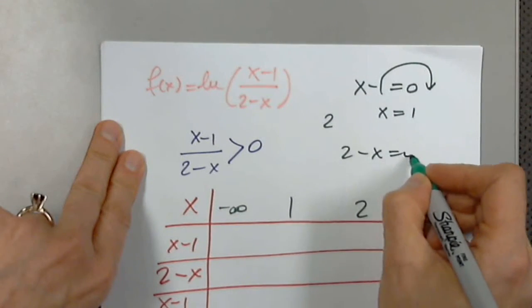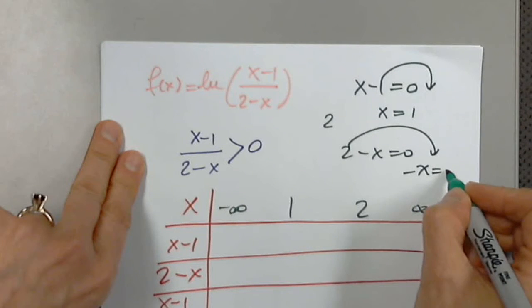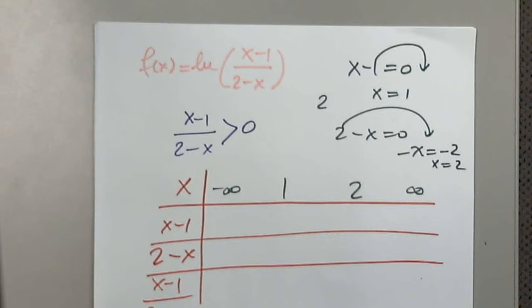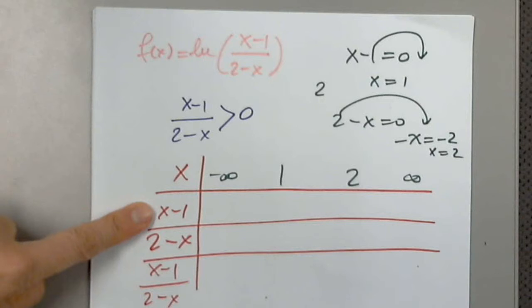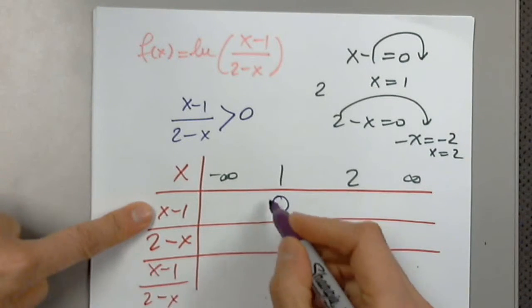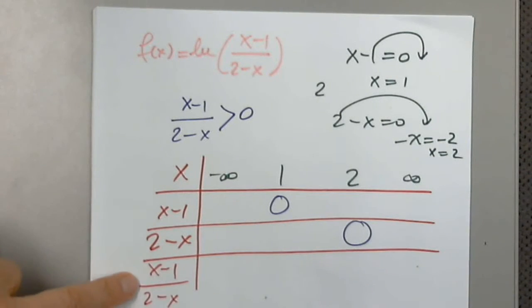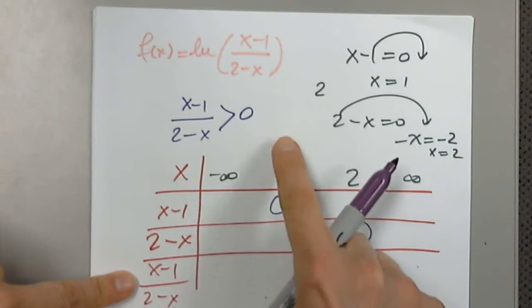And 2 minus x equals 0 means negative x equals negative 2, which is x equals 2. Linear equations, please. So there must be a 0 for x minus 1 somewhere. Good. There must be a 0 for 2 minus x somewhere. Very good. What happens to this fraction under 1?